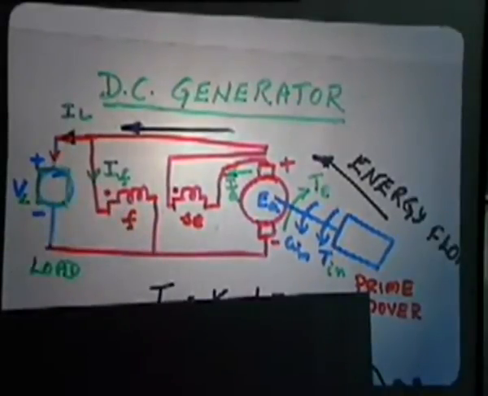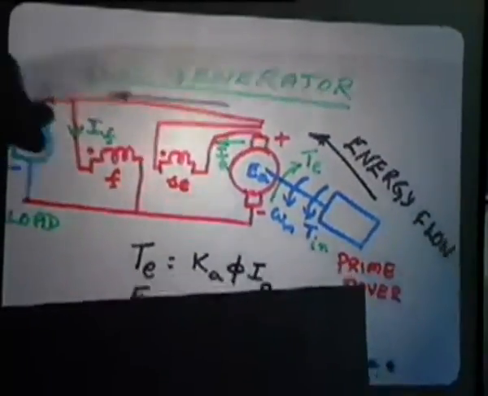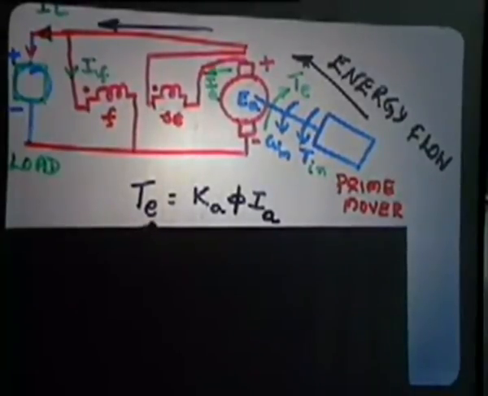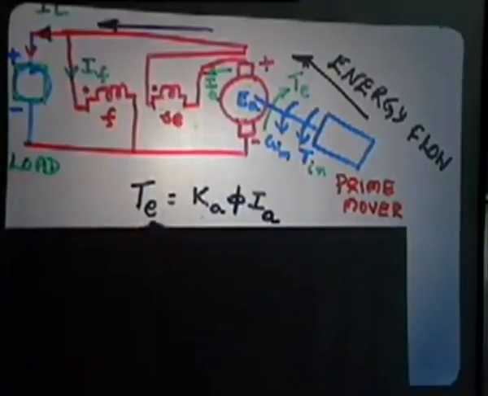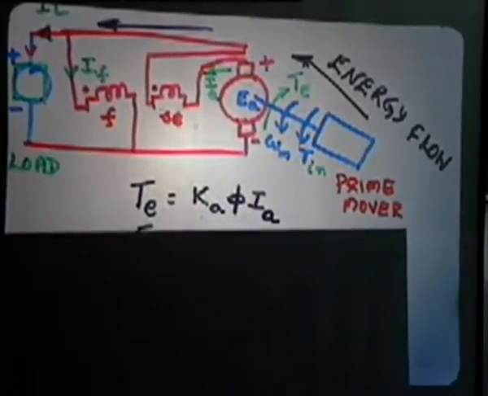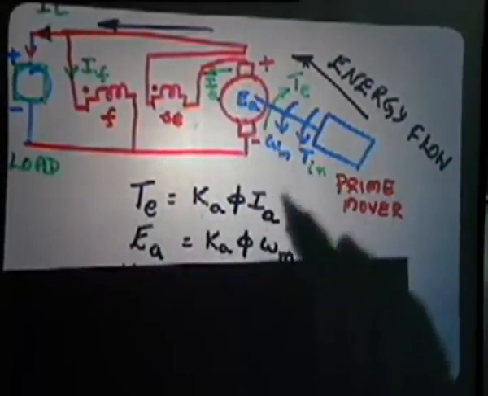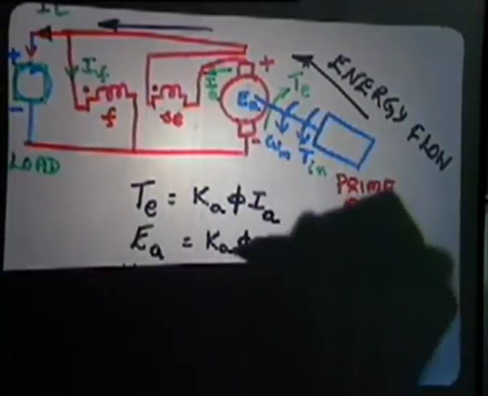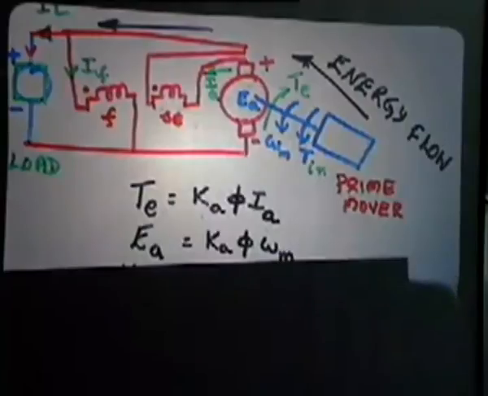Okay. So we know the governing equations. The developed torque is given by a constant Ka into flux phi into the current in the armature Ia, and the induced voltage will be equal to Ka phi into omega m, that is, the constant into the flux into the speed.